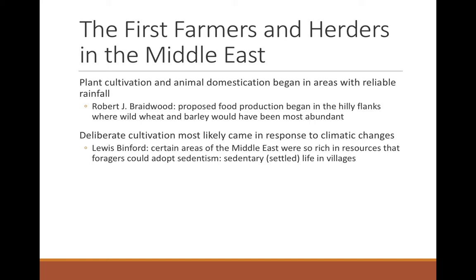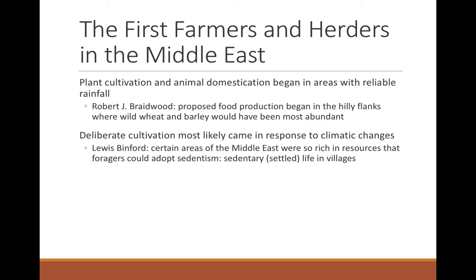Robert J. Braidwood proposed that food production then began in the hilly flanks, where we had wild wheat and wild barley, where those stands could have become quite prolific. That brings us to our fourth point, that deliberate cultivation most likely came in response to climate change. But once that technology is mastered, there's going to be a rapid spread of technology, particularly in the Old World.